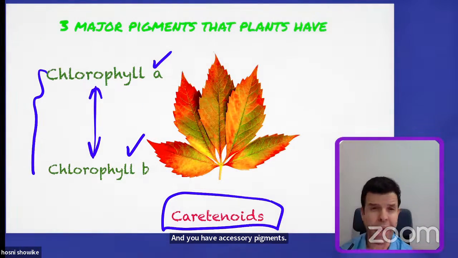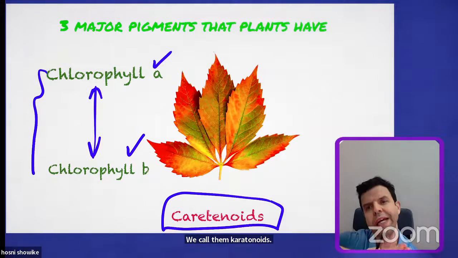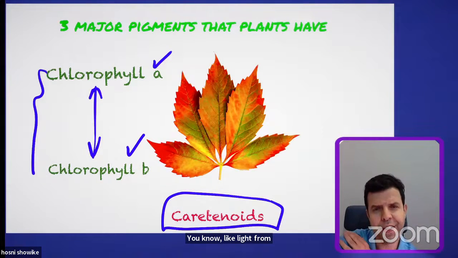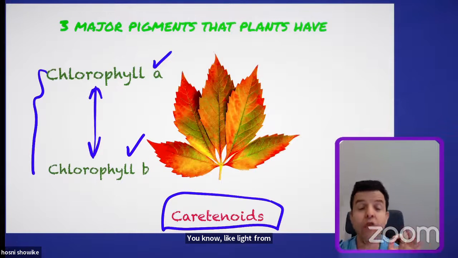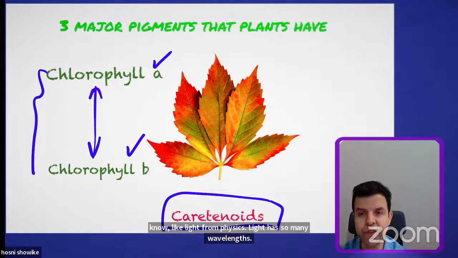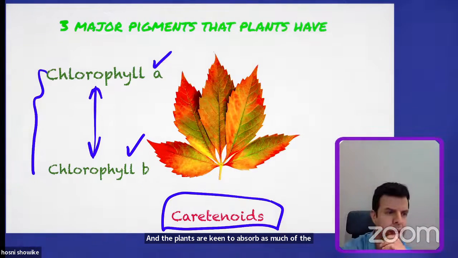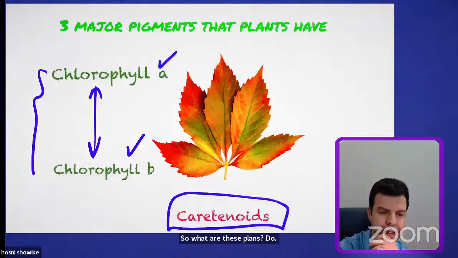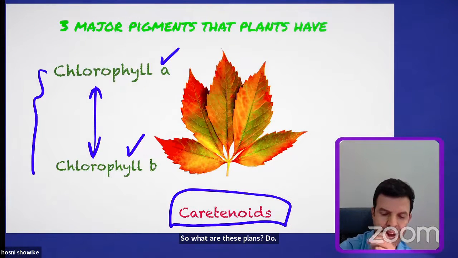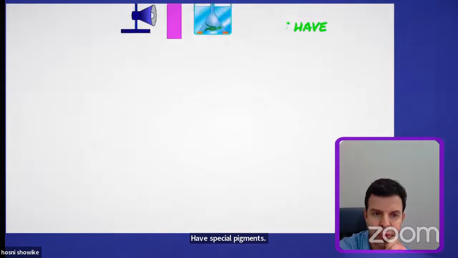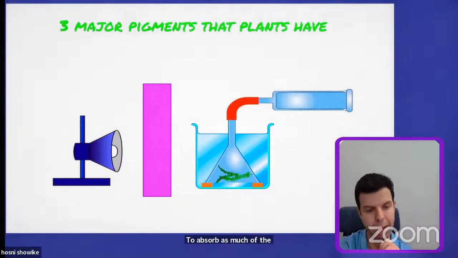Those help the plant. How? You know, like light from physics, light has so many wavelengths. And the plants are keen to absorb as much of the wavelengths of the spectrum. So what do these plants do? The plants basically have special pigments to absorb as much of the spectrum as possible.